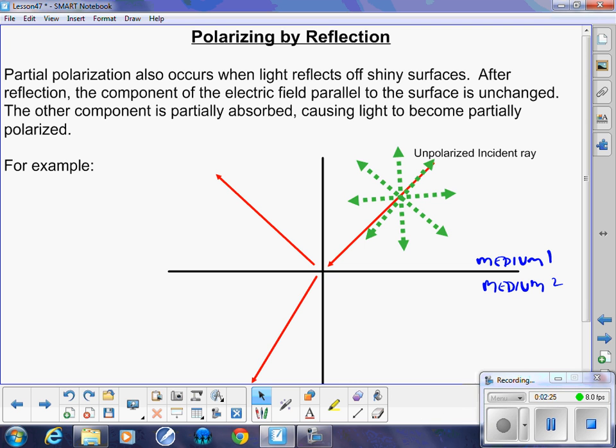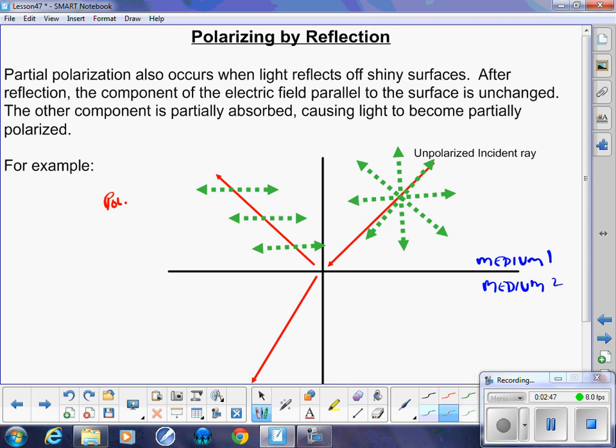What will happen is that if it's a shiny surface, then the light waves that are fluctuating parallel to the medium's interface will be reflected.